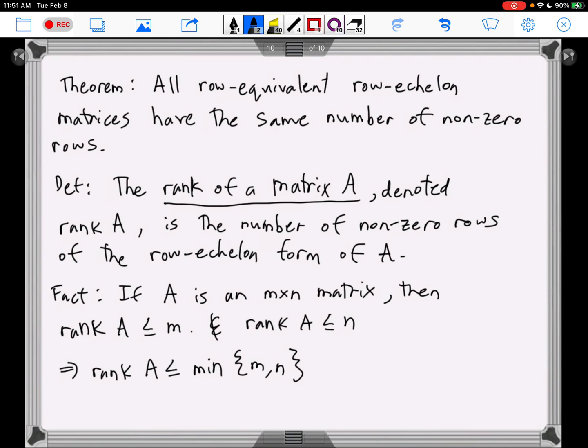Okay, so we have one more definition to give.